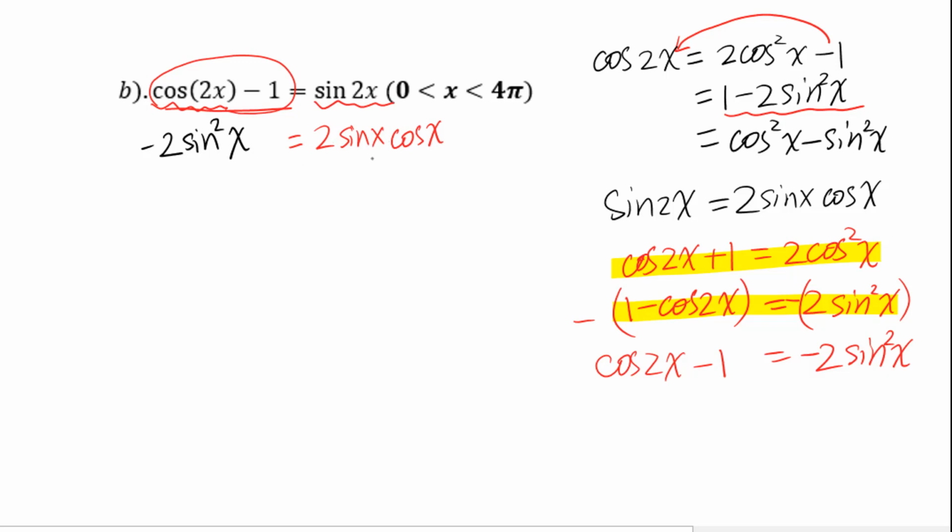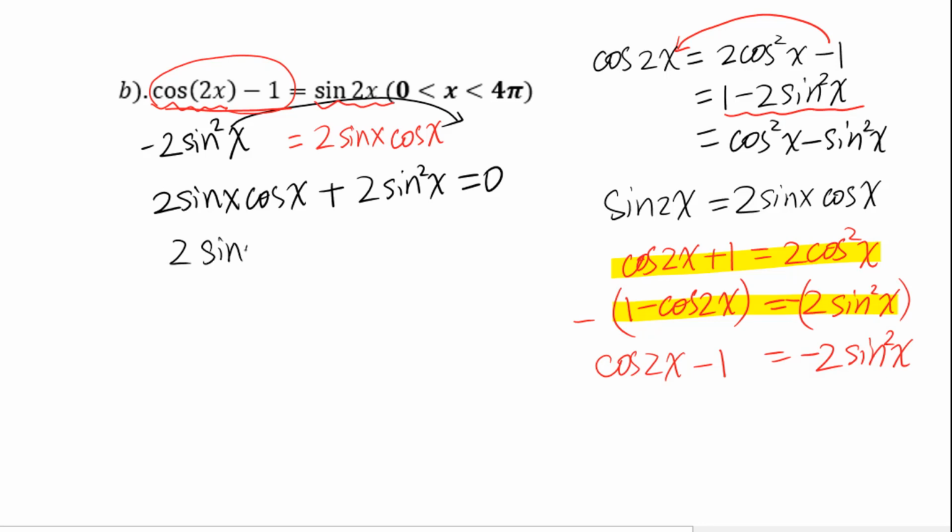We count this as a quadratic pattern equation. So move to the right side. You will get 2 sine x cosine x plus 2 sine square x equals 0. Common factor is 2 sine x.